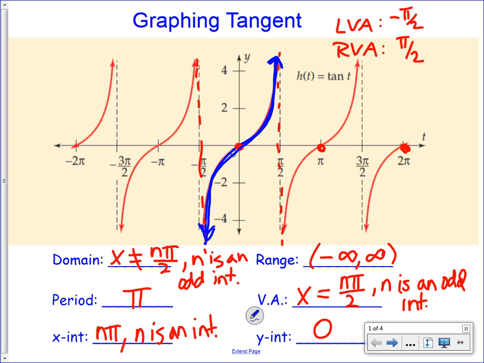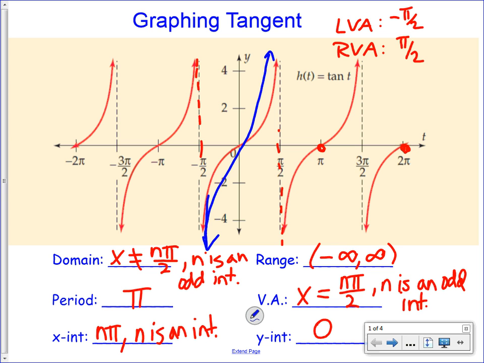So if A is greater than 1, that is a vertical stretch. So what that's going to do, if you think of this like a rubber band, if you vertically stretch it, it's going to straighten out the graph, okay? So basically, you're going to draw this graph a little straighter if it's a vertical stretch.